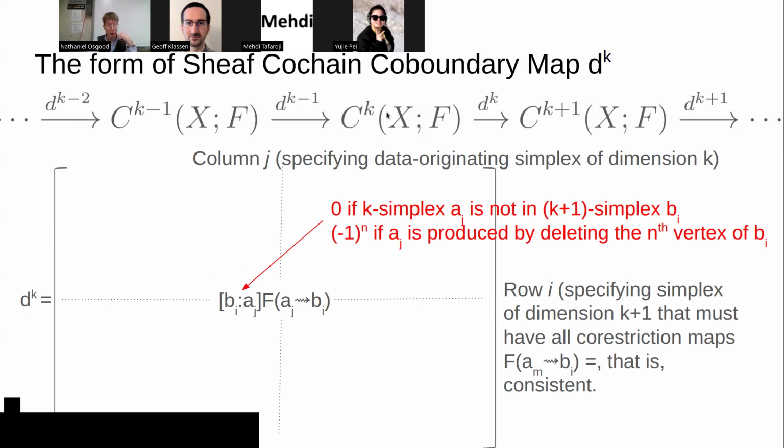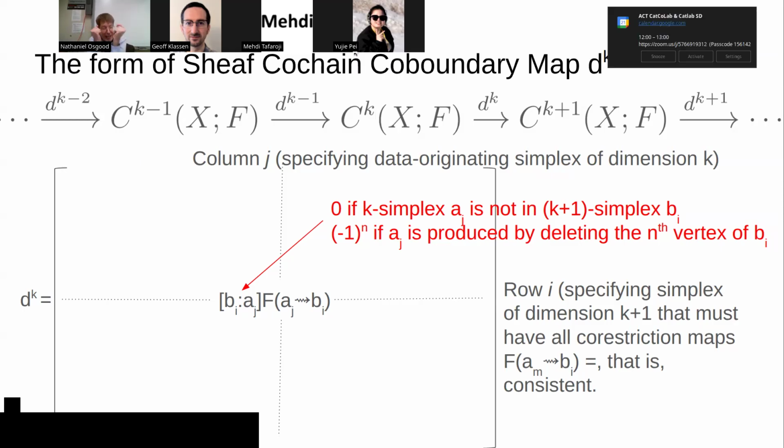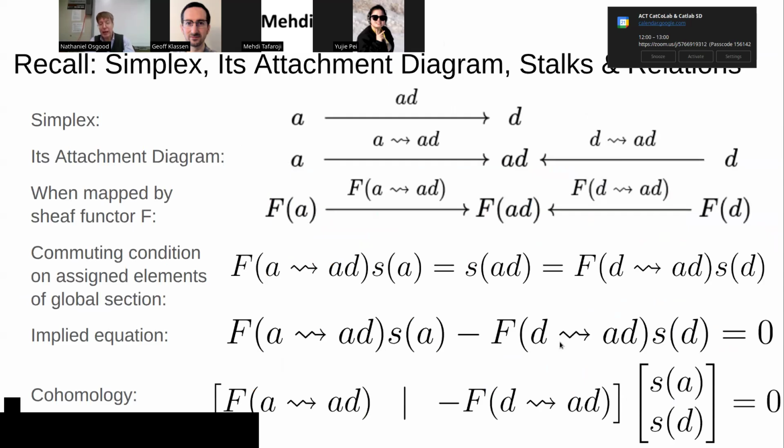What we're showing here is the boundary map, which is going to be taking the data. This is an extremely important point. It's going to be taking the data over C^k, the data assigned to each of the k simplices, and mapping it to the data over k plus 1, making sure everything equals 0 here. So basically we're going to be taking the differences.